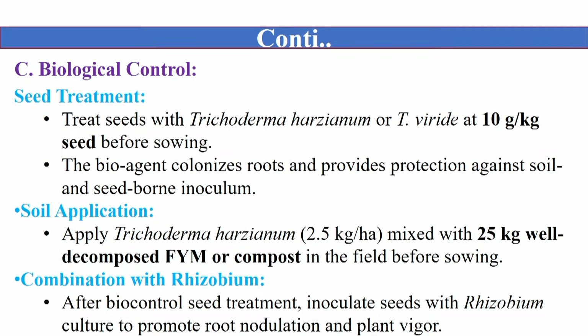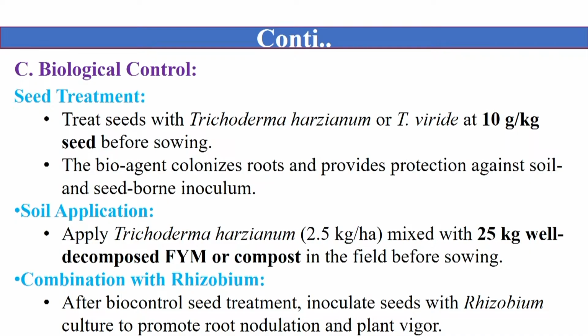So seed treatment is very helpful in minimizing the pathogen load in the soil. And you have to also apply Trichoderma harzianum at the rate of 2.5 kilogram per hectare, and you can also mix it with 25 kilogram well decomposed FYM or compost in the field before sowing.